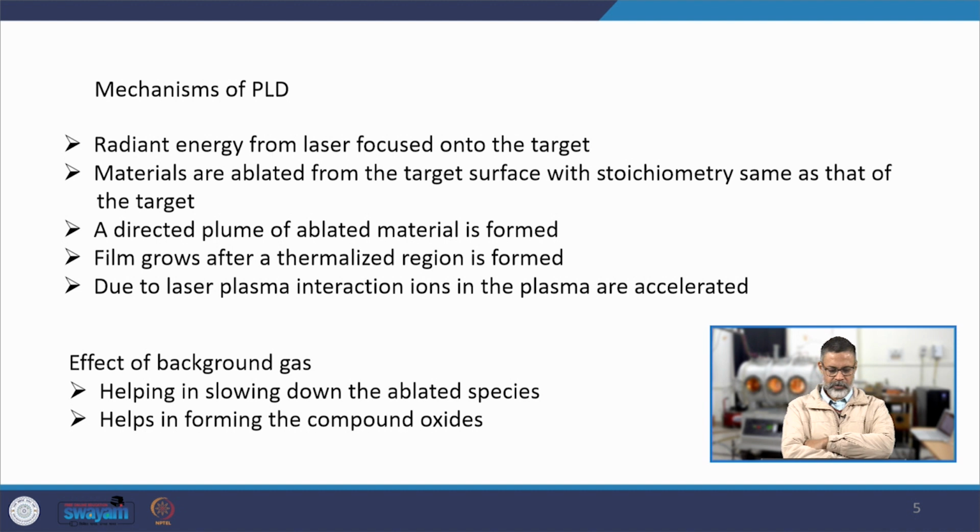very good quality thin films. So all these things must be maintained, and there are certain other parameters, like the target to substrate distance, which is also an important parameter, because all these ejected species should have sufficient velocity to reach the substrate.